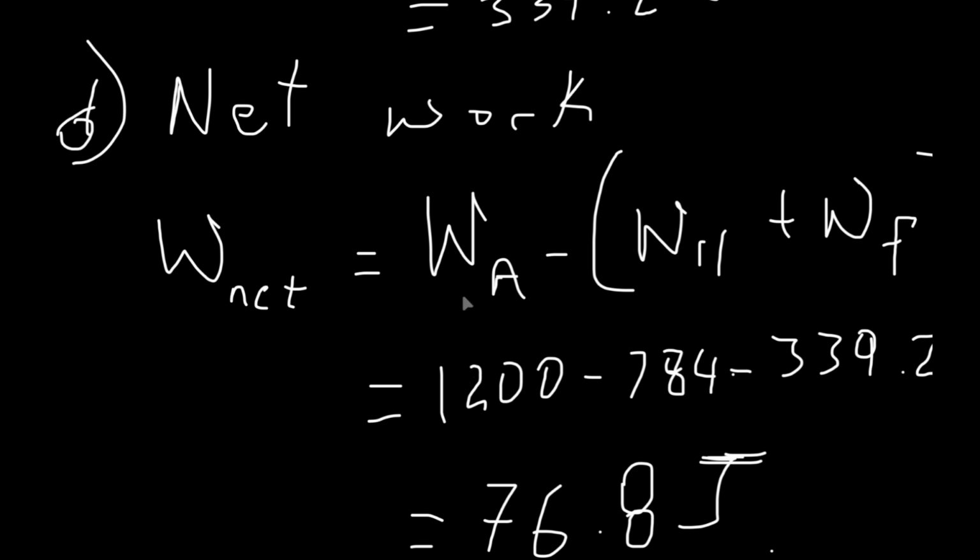So the work done by the applied force, that's 1,200, minus the work done by the parallel force, which is 784. So subtract 784, and then if you distribute the minus sign through, we're going to also subtract 339.2. So your final answer is 76.8 joules.